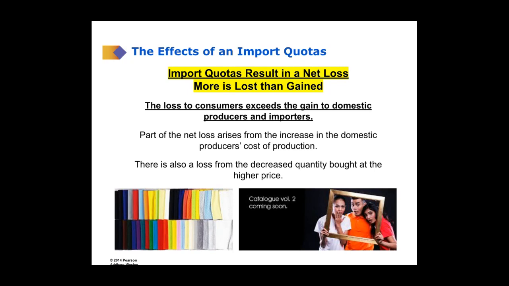You're not taking advantage of all the opportunities you could be by specializing and arranging production around opportunity costs. So we're now producing some of these shirts here in the United States, even though in the United States it's much more costly to do that. So we increase the amount of domestic production, and as a result of that, we're increasing the cost it takes to produce these t-shirts.